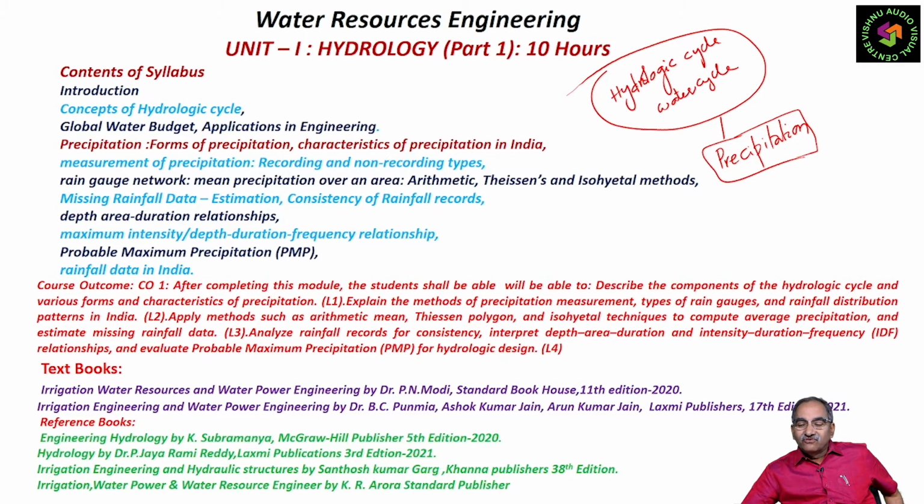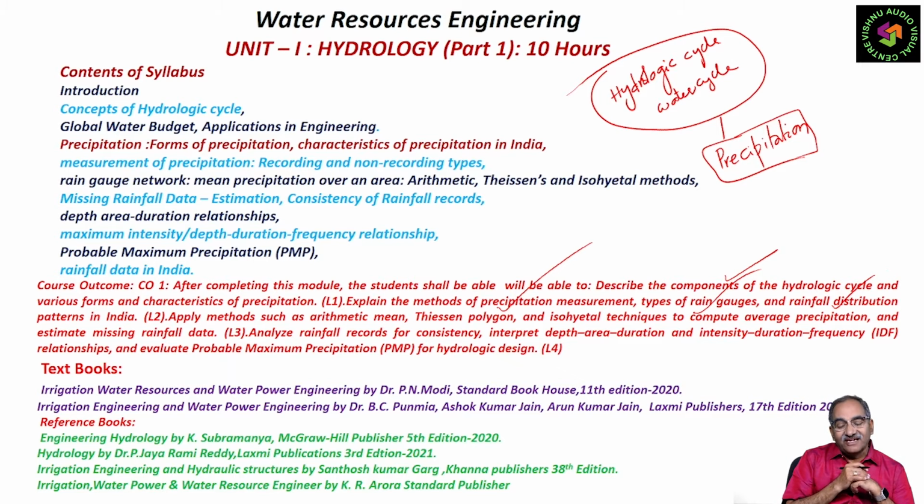every one of you shall be able to describe the components of the hydrologic cycle. That is the outcome which we are expecting from you. Explain the methods of precipitation measurement. What are the types of rain gauges? How is the rainfall distribution pattern in India? Apply various methods for determining the average precipitation.